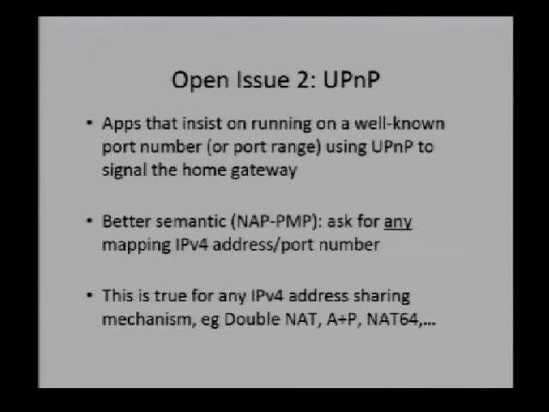So you take a double NAT, you take the A+P approach that was described yesterday, you take a NAT64 or NAT-PT applied to a very large environment, you will have exactly the same problem because you are sharing IPv4 addresses, so anything that insists on running on a specific port number is not going to work.